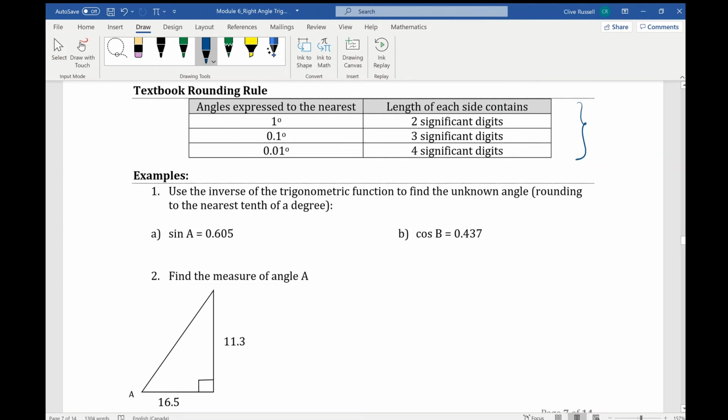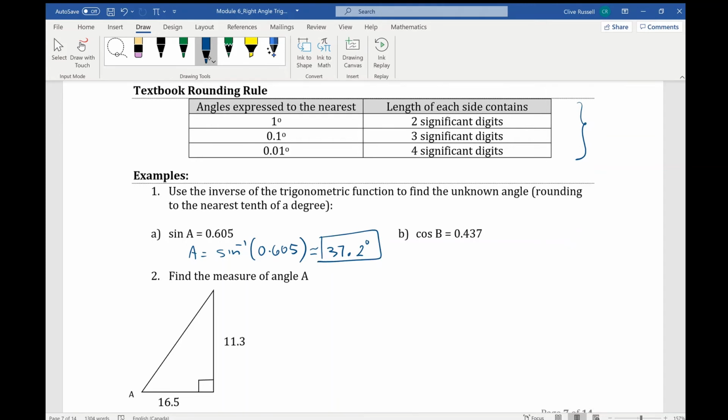Alright, so this says that sine A is 0.605. So we could say that therefore A is the angle whose sine is 0.605, and that works out to be 37.2 degrees, with our rounding.